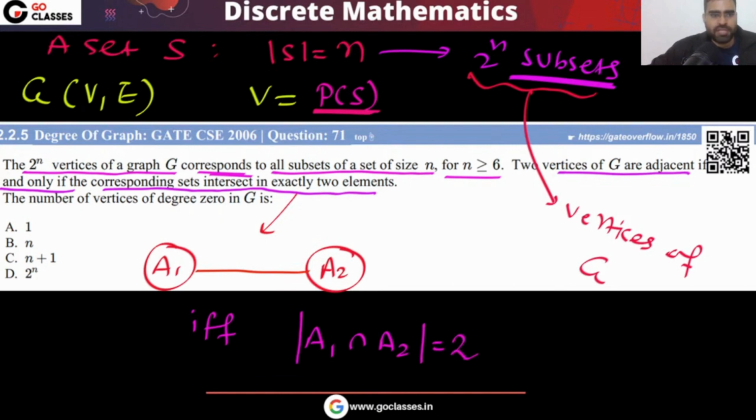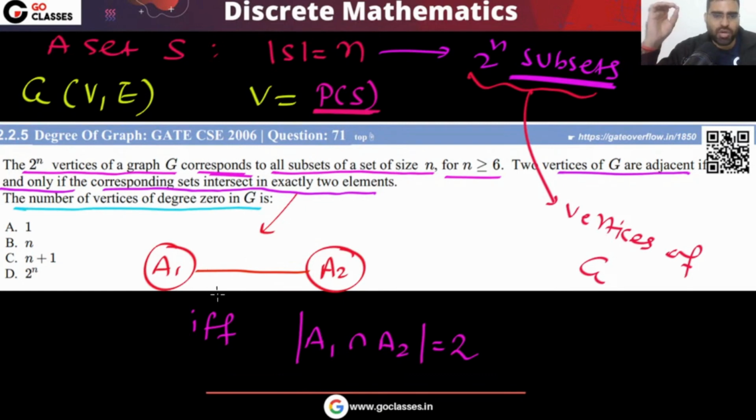Means they intersect in exactly 2 elements. Is this clear? So very simple. Now the question is asking the number of vertices of degree 0. How many vertices have degree 0?